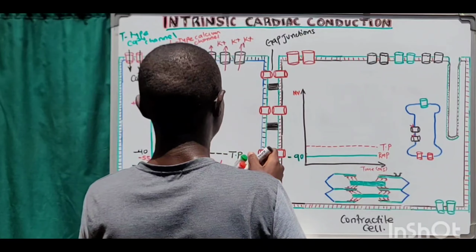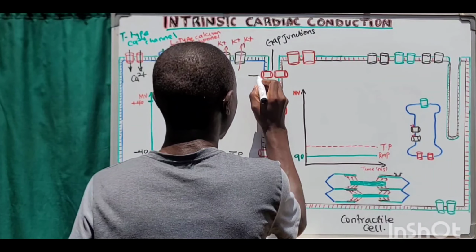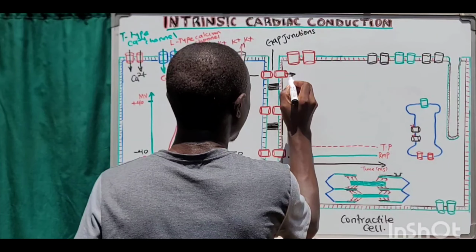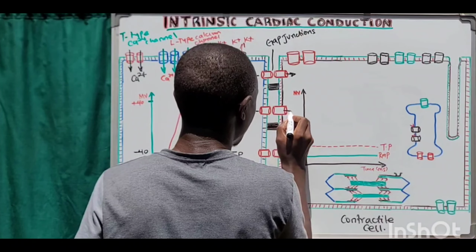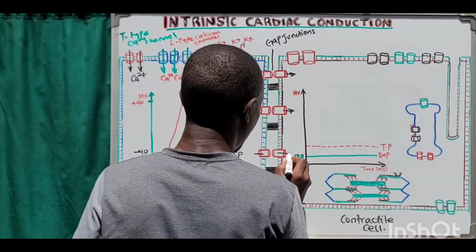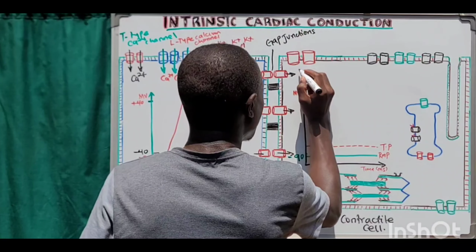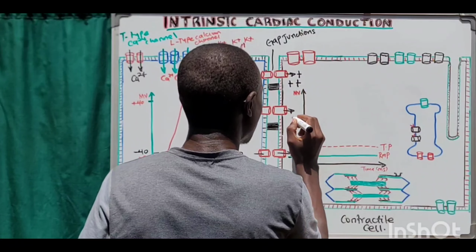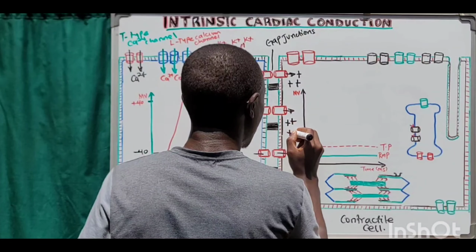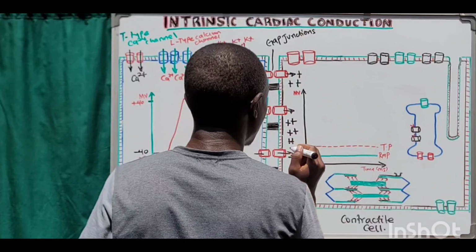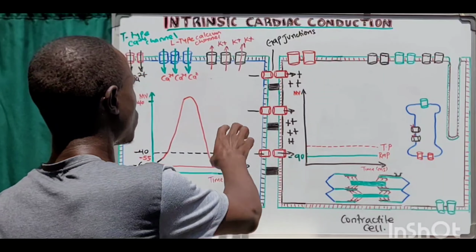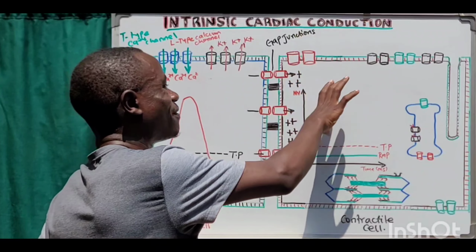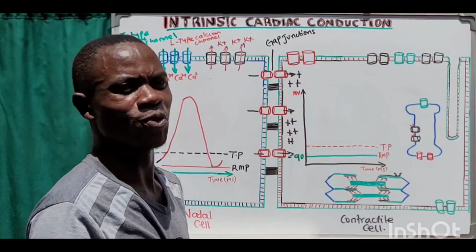Some of the calcium ions start entering this side, into the other cell. So now a lot of calcium has moved from the nodal cell toward the contractile cell.